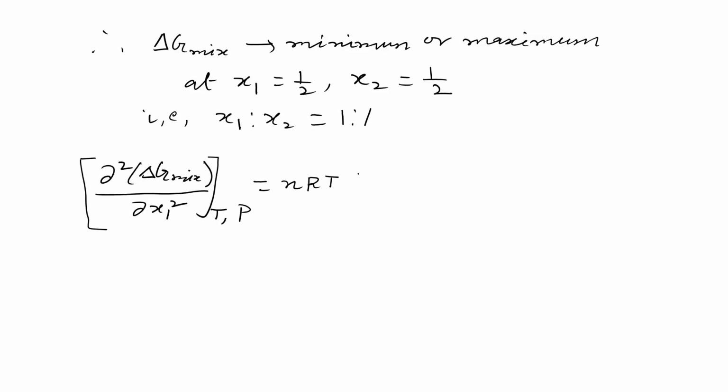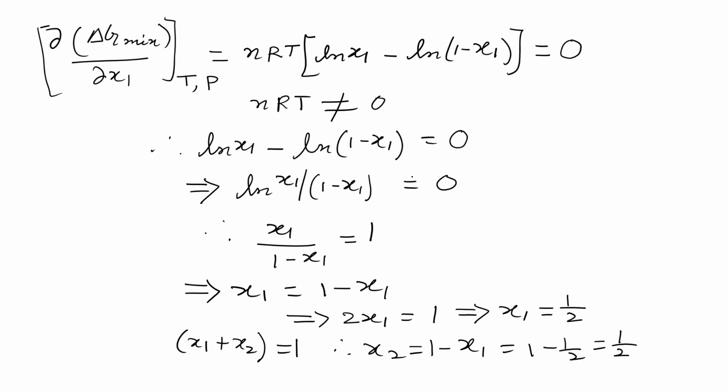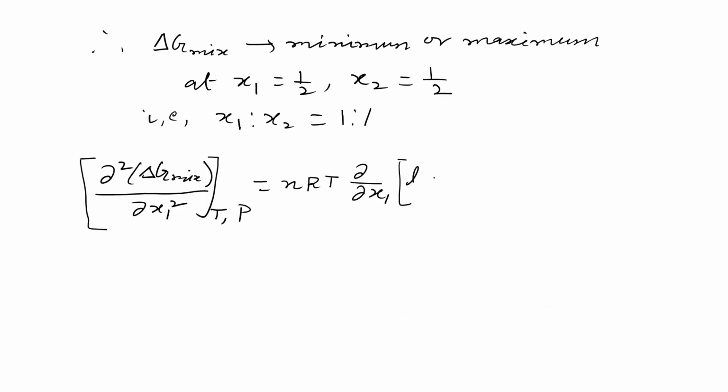Now we have to differentiate this: nRT times d/dx1 of (ln x1 − ln(1 − x1)).